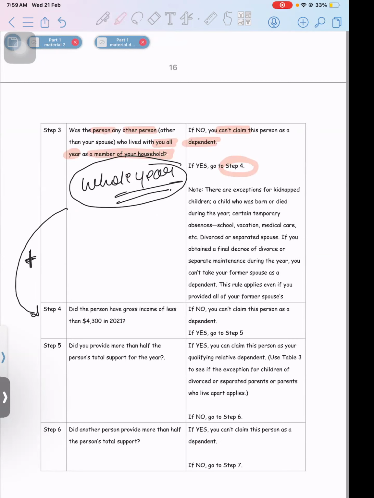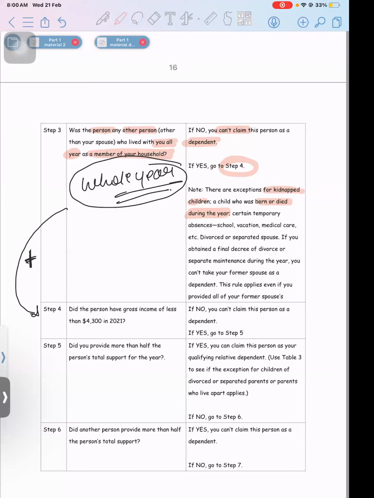Okay, now there are exceptions for kidnapped children, a child who was born and died during the year. For them, you're not going to check the whole year criteria. If a person is born in the current year and died in the same year, for them it's an exception.